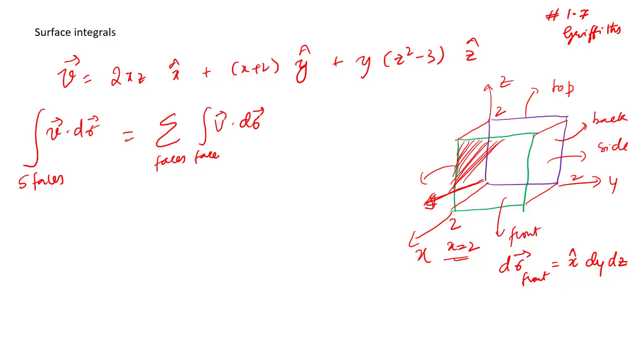So let's look at the front face. For the front face, we have the areal element as x dy dz. So I have only the x component in the areal vector for the front face.